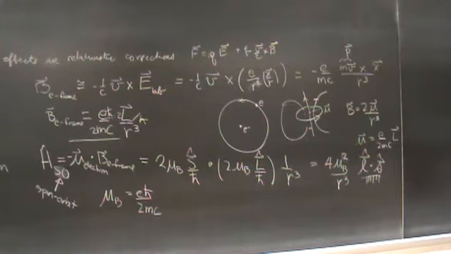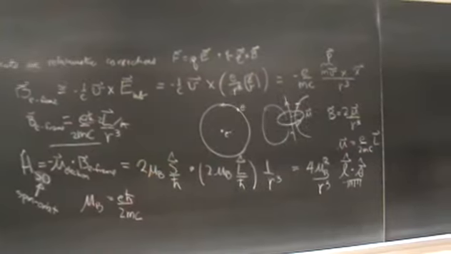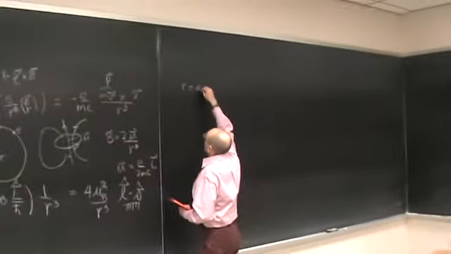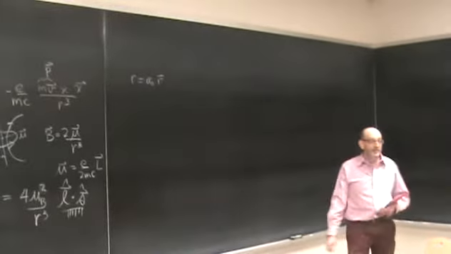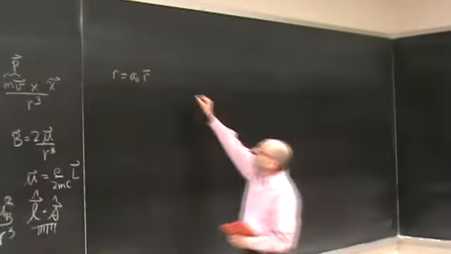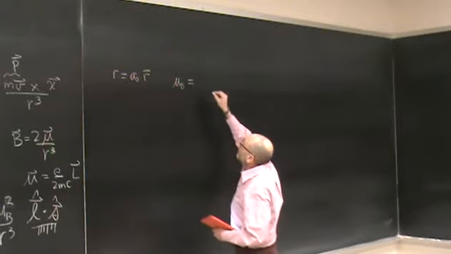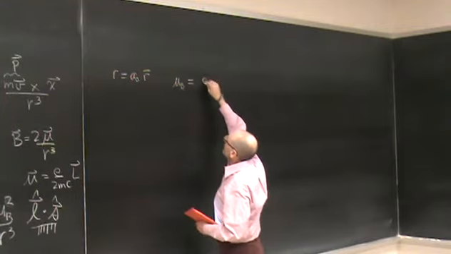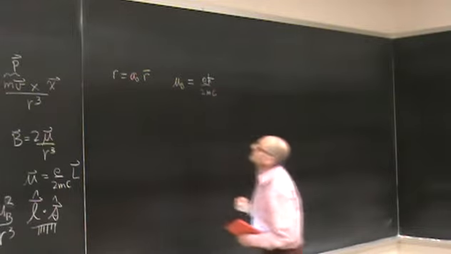Let's put this in dimensionless units. Okay? So we'll write r in units of the Bohr radius. This is our dimensionless unit. Mu b is equal to what? Well, we just said mu b is equal to e h bar over 2mc.